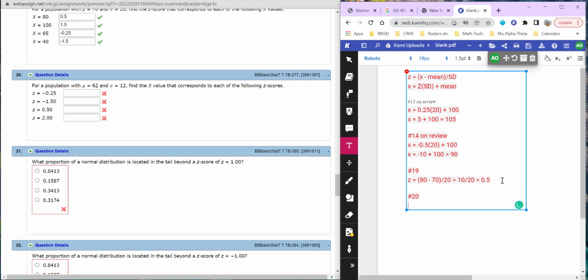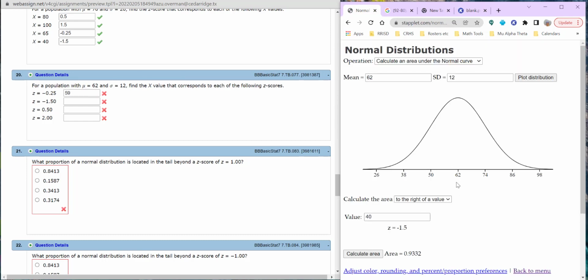We have x equals negative 0.25 times 12 plus 62. So I just got to grin and bear it and do the math. So it's negative 3 plus 62, which is 59. So that's the first one. Does that jibe with my graph? Let's look. Yeah, 59. That's probably about a quarter of a z-score down.